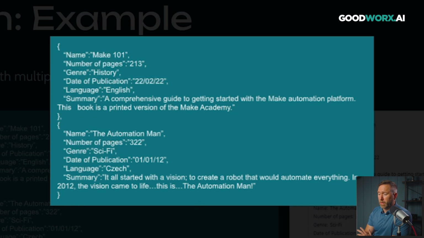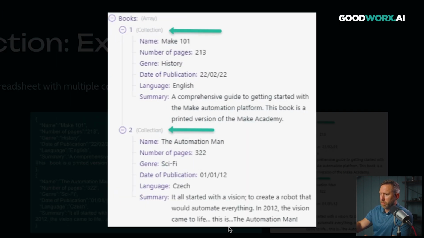And so what does that look like in Make? Well, in this example, we have an array of books, and each book is a collection. So here's a collection, and here's a collection. Remember, an array is just a list. So this is an array with a list of collections.